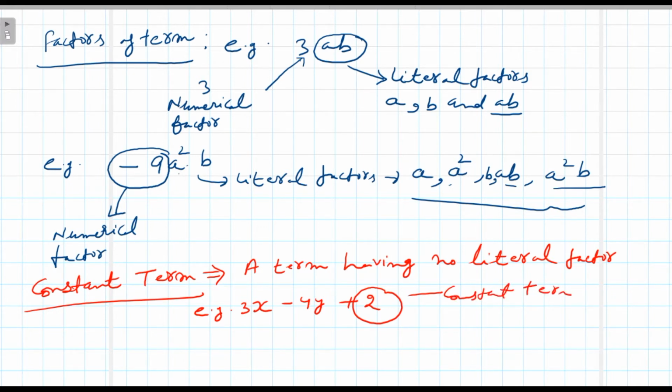If I write another example, x square y minus xy square minus 3xy minus 5, in this we have minus 5 as the constant term, right students?